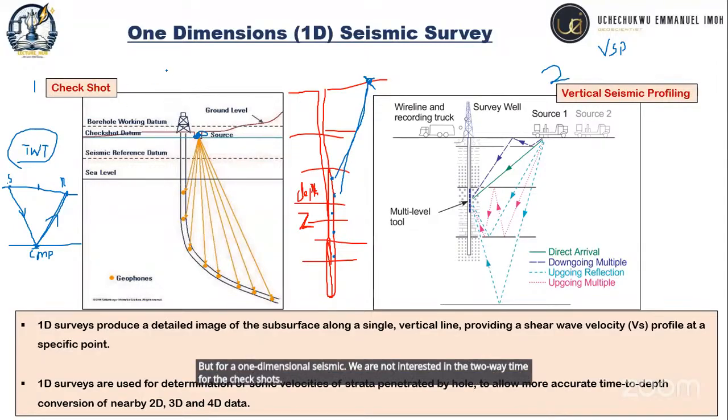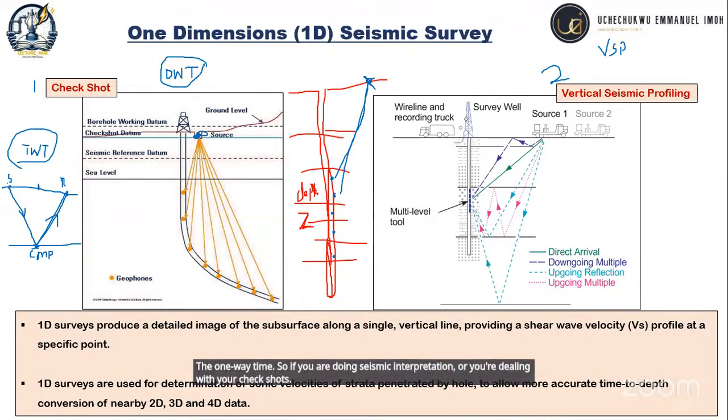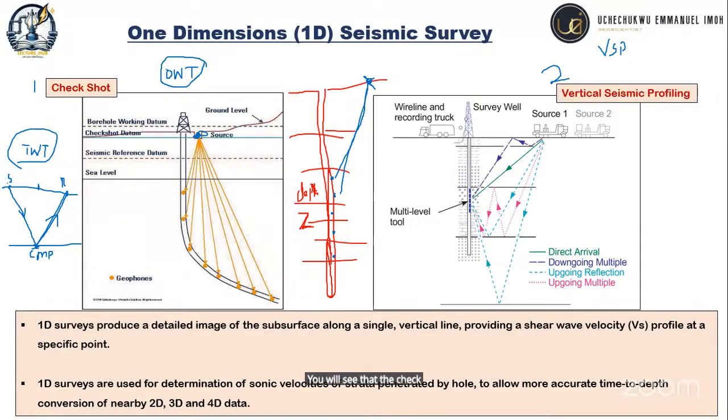We're interested in what we call the one-way time, OWT. So if you're doing seismic interpretation and dealing with your check shot, you will see that the check shot will be written as one-way time data, meaning that the seismic wave moved from the source straight to the receiver. It didn't reflect back. So that's what the check shot survey does.